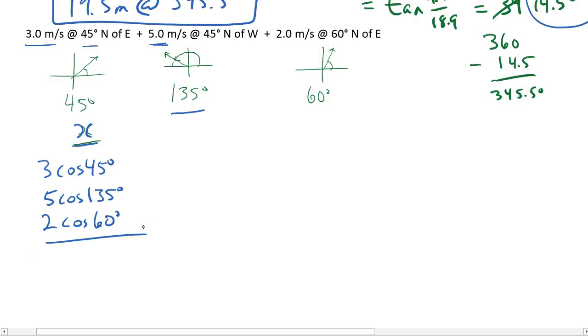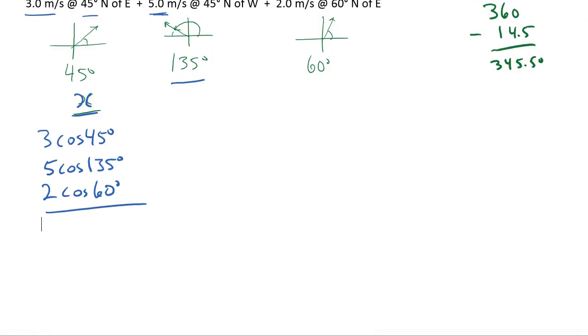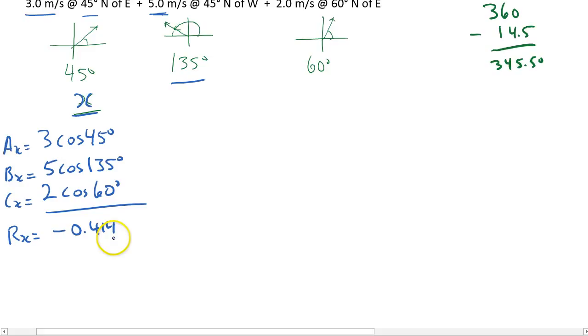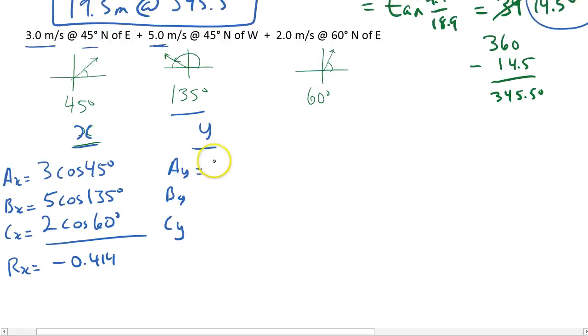So when I add those all together using my calculator, here I can call this one AX, this one is BX, this one is CX, and my resultant RX is going to be equal to negative 0.414.